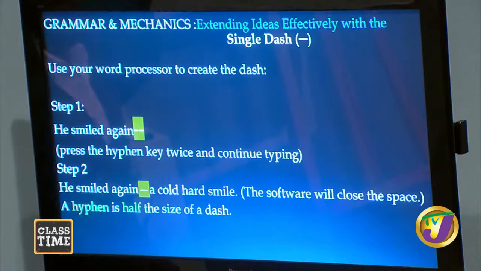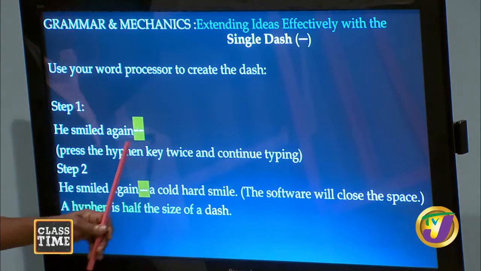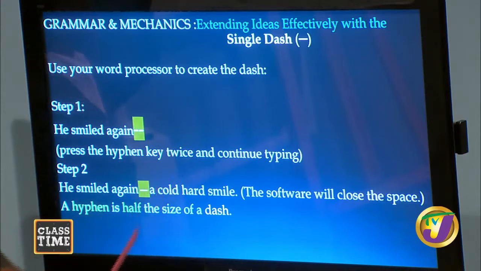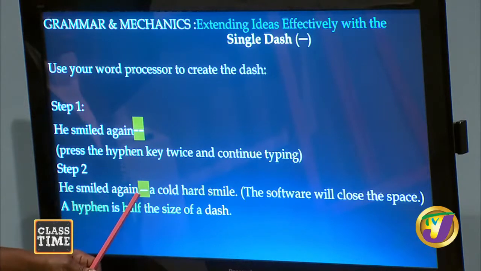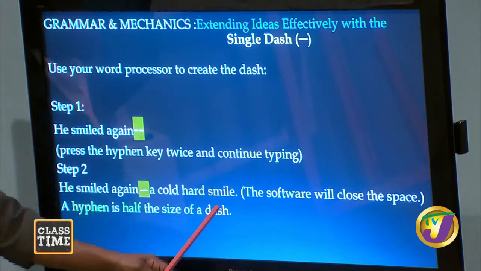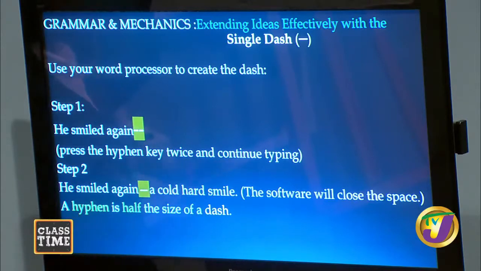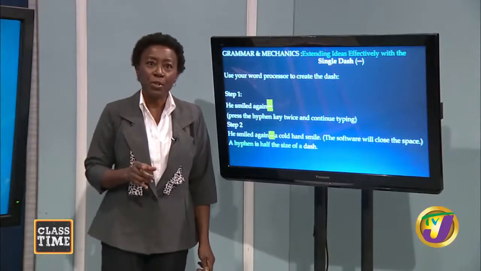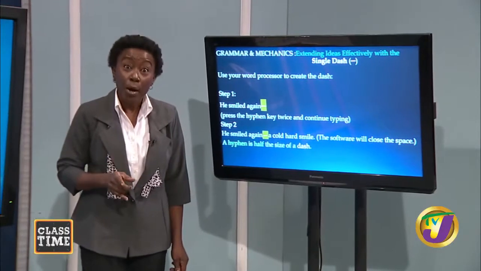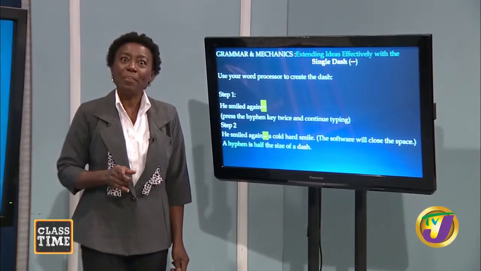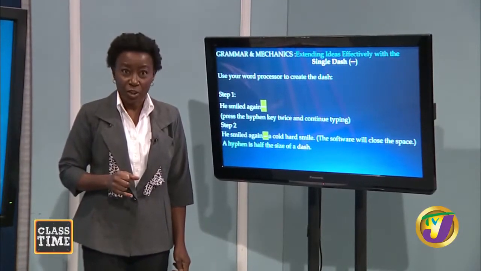On that key, you get 2 short ones. Press the hyphen key twice and continue typing. He smiled again. A cold, hard smile. The software will close the space. A hyphen is half the size of a dash. So do not put the hyphen in your work when you really mean to use the dash.